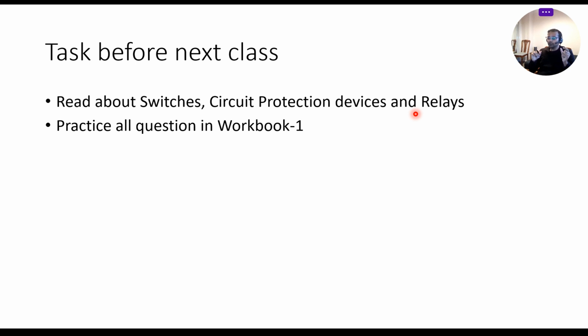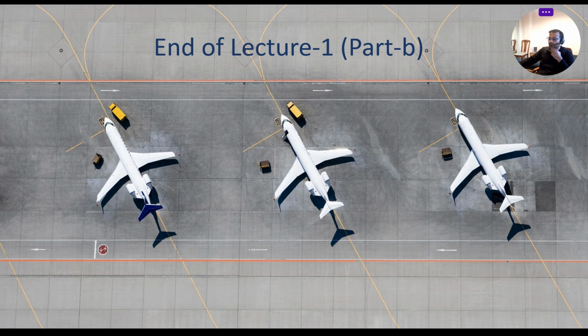In the first ebook, you can read about switches. They are very short paragraphs. You just need to understand the working, which you probably already know: how a switch works, how a circuit breaker works, and how a relay works. So you can read about them, and that is the end of lecture number 1.